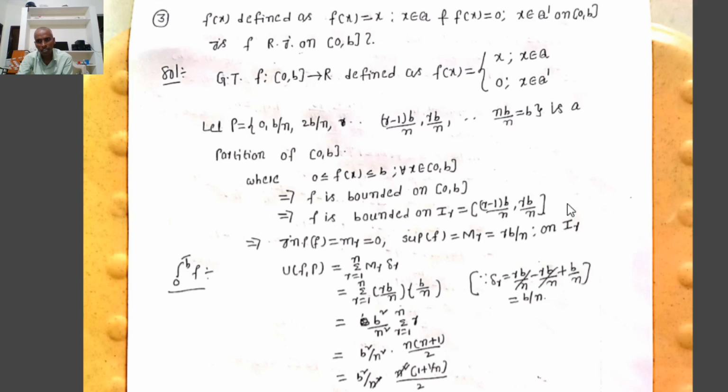Therefore on Ir, infimum of f(x) = small m_r = 0, supremum of f(x) = capital M_r = rb/n.